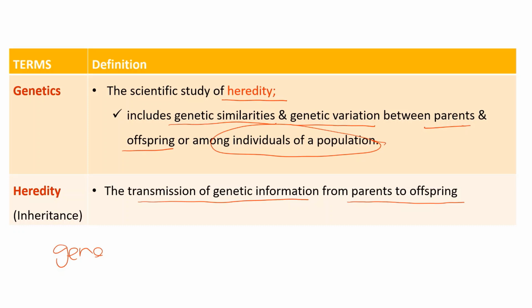Some traits are similar between offspring, and there are also traits that are different between offspring and also between offspring and the parents. Examples of traits that can be inherited from parents are hair color, eye color, skin color, height, and many more.